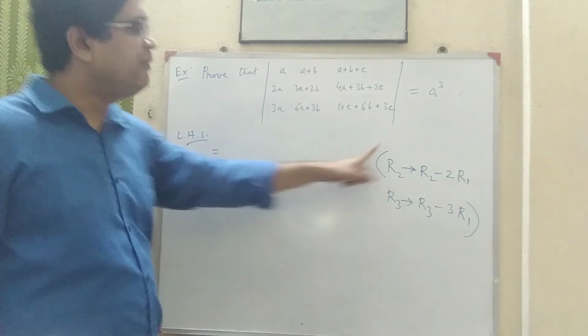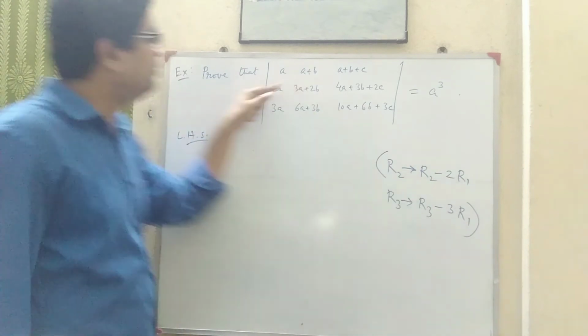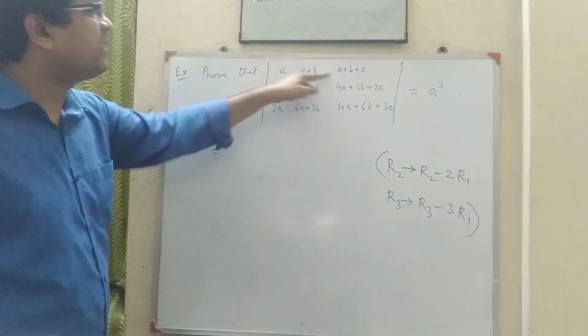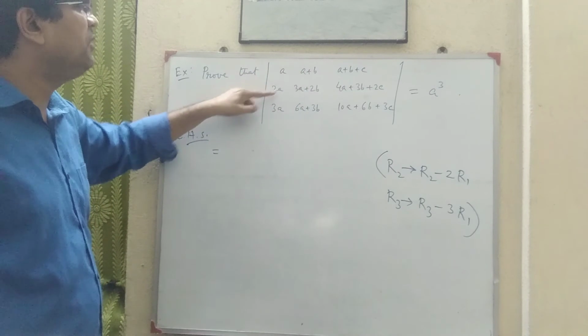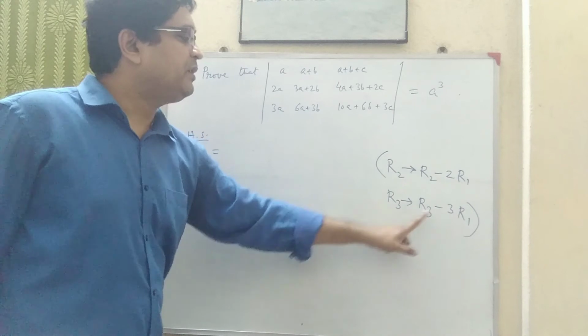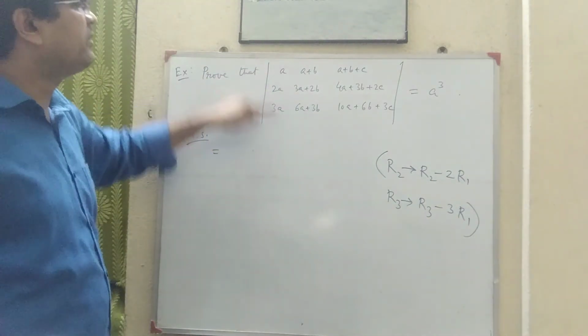And how you can do this? If we apply this operation, r2 minus 2r1, you see that in the second row it is 2a. So if I multiply the first row by 2, it will become 2a, and 2a minus 2a will become 0. Similarly, it is 3a, so if I apply r3 minus 3r1, it will be multiplied by 3 and 3a minus 3a will be 0.